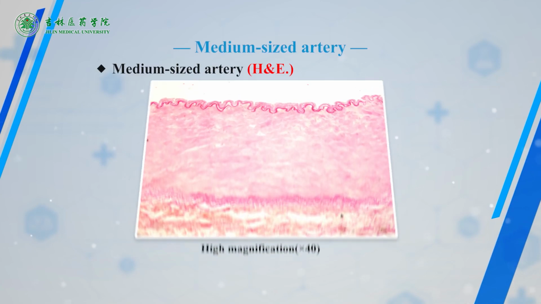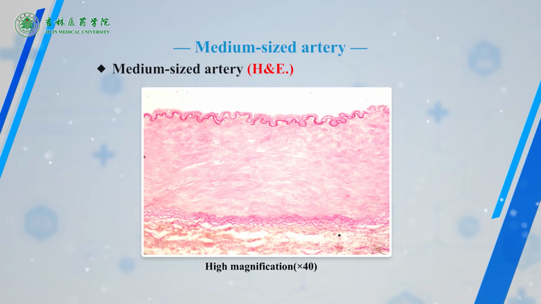The fourth slide is medium-sized artery, obtained from the section of medium-sized artery with HE staining. Differentiate the three tunics of the medium-sized artery from inside to outside. A very thin layer next to the lumen is the tunica intima. The innermost layer of the tunica intima is composed of squamous endothelium cells, the contours of which are not clearly visible.